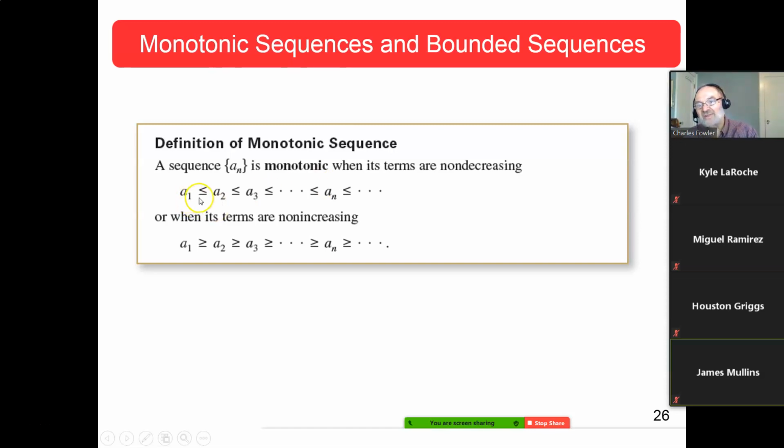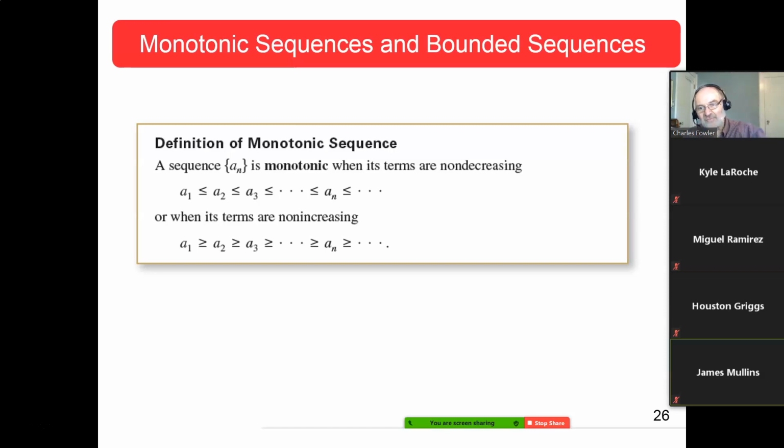So A sub 1 is less than or equal to A sub 2 is less than or equal to A sub 3 is less than or equal to A sub n, and that's always less than or equal to whatever the next one is. Or when its terms are non-increasing, that means they're not going up, but they could be leveling out.